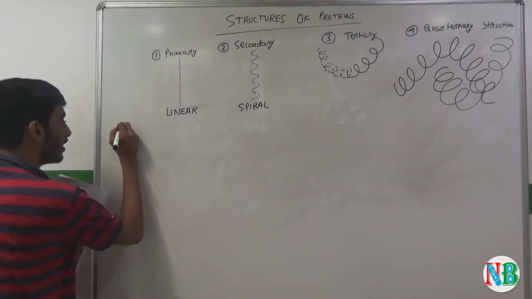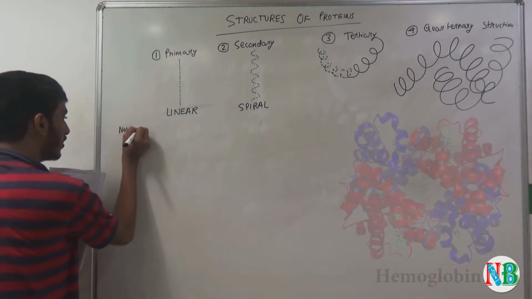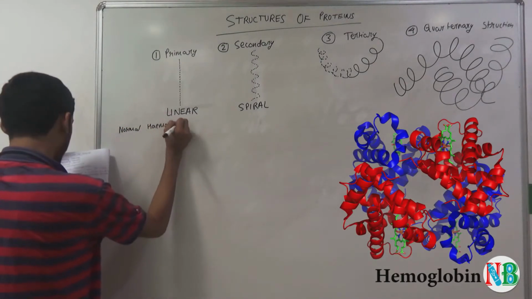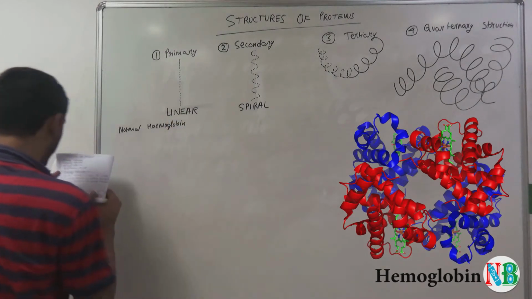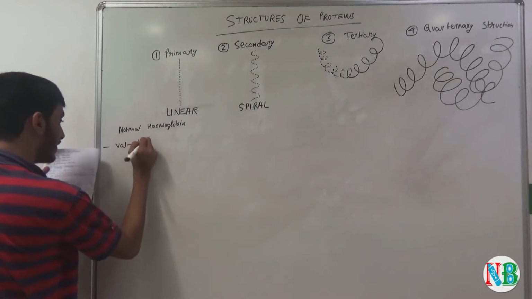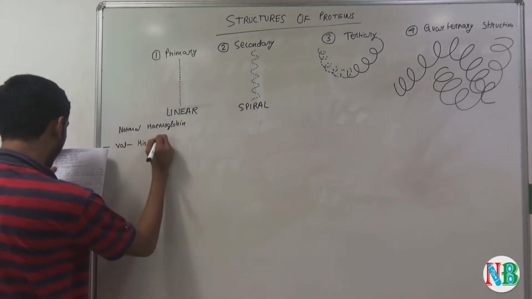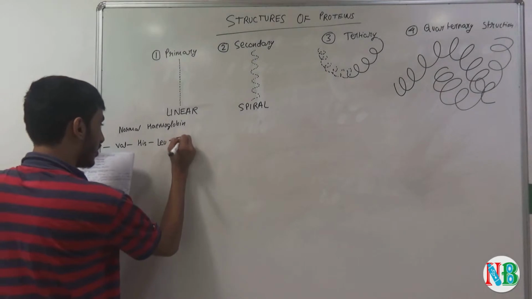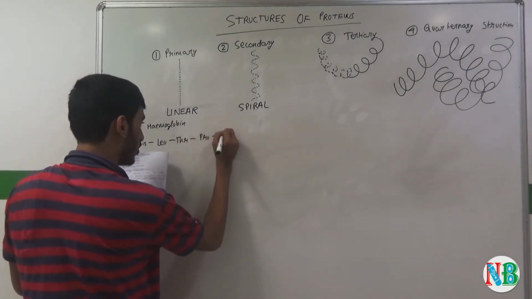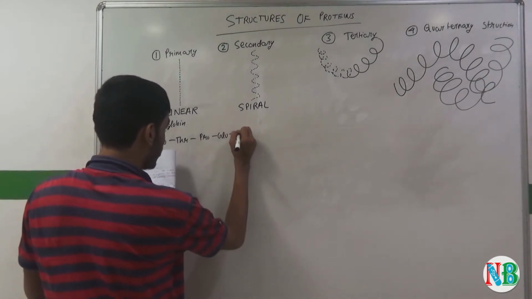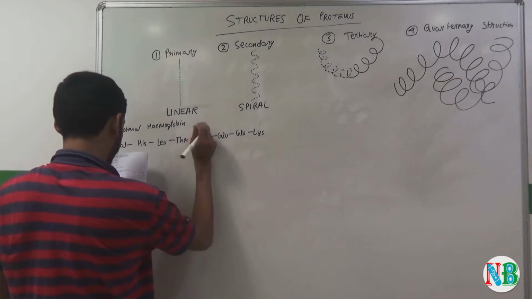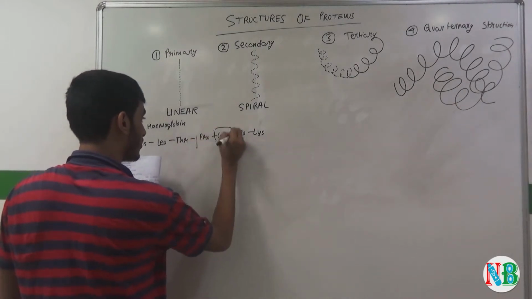For example, in normal hemoglobin the sequence is like valine, histidine, leucine, threonine, proline, glutamic acid, then lysine.